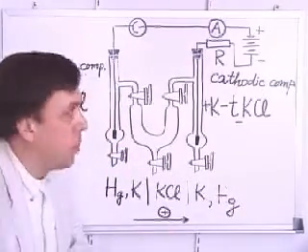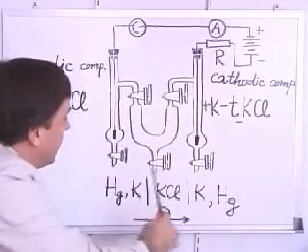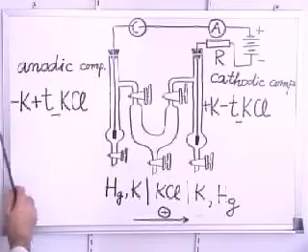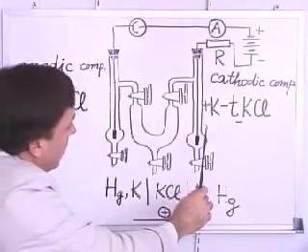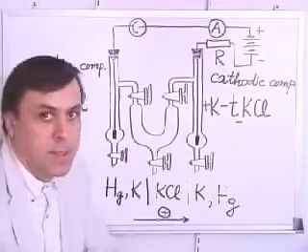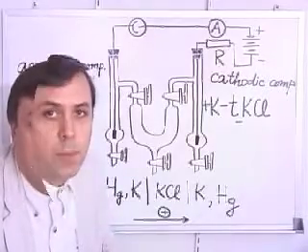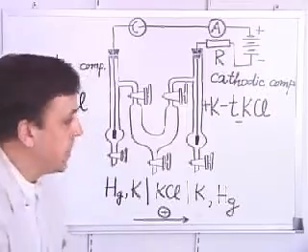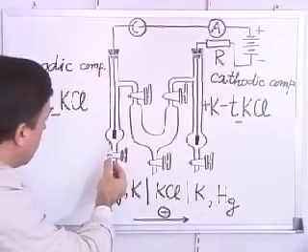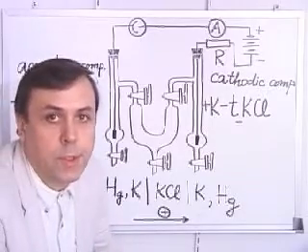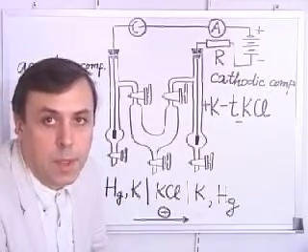Notice, however, that when 1 Faraday passes through the system, the anode loses exactly 1 mole of potassium, while the cathode gains 1 mole of potassium, which is in accordance with Faraday's law. What is more important in our discussion here is that the changes of the concentration in the anodic and the cathodic compartments are proportional to the transference, transport number.